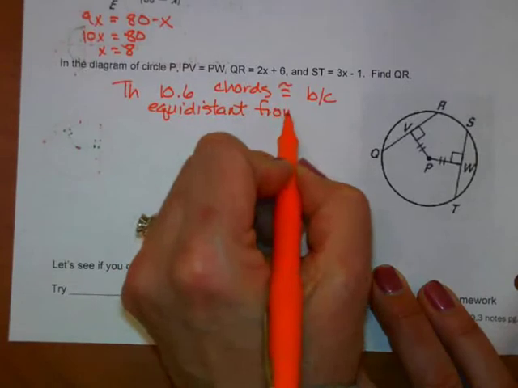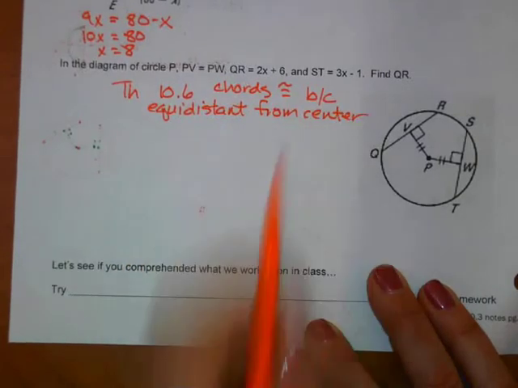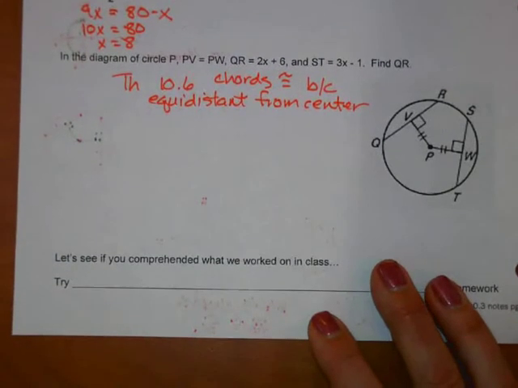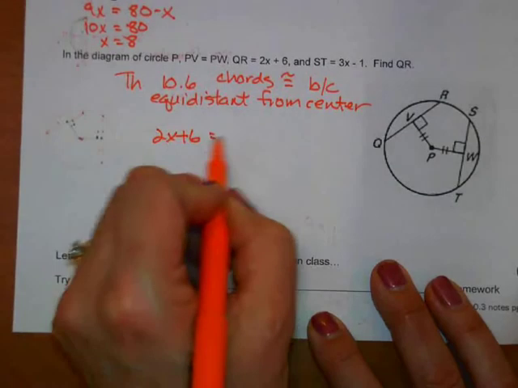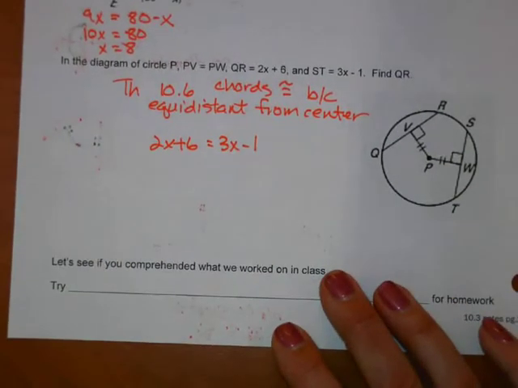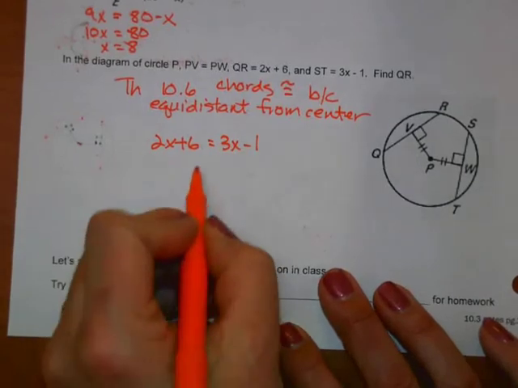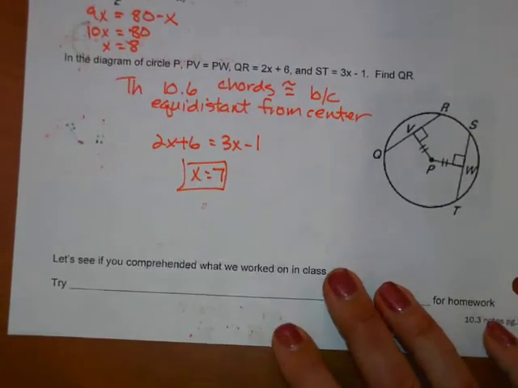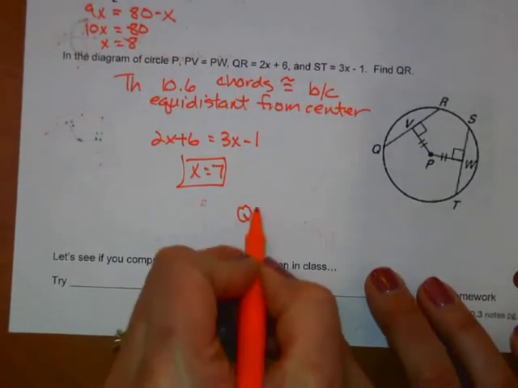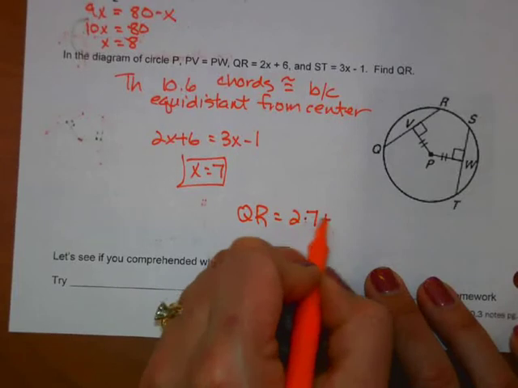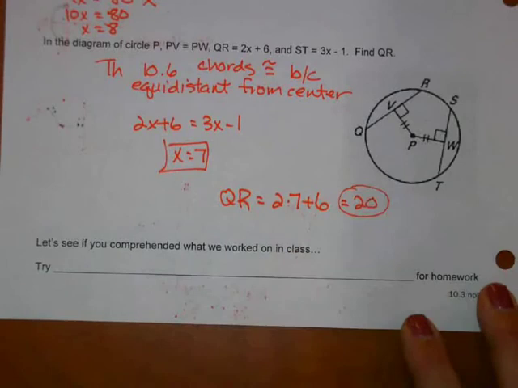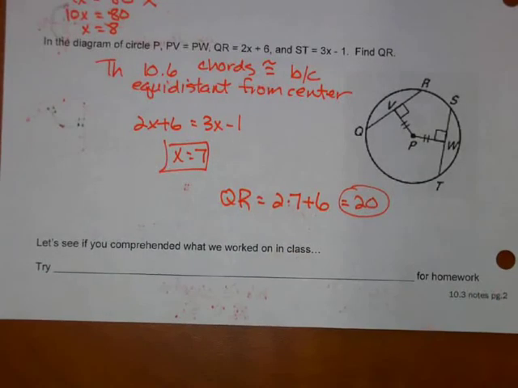We just need to know that the chords are congruent, so we can set them equal to each other. When you solve that, you get x equals 7. But we're not done, right? You have to plug it in. We need to know what QR is. 2 times 7 plus 6 equals 20. Boom. Cool?